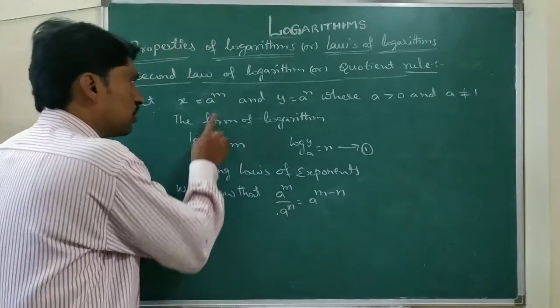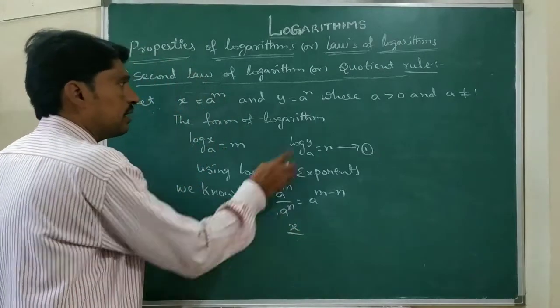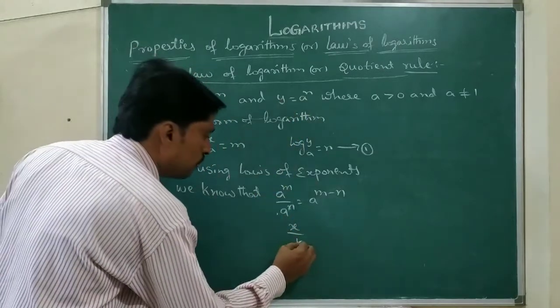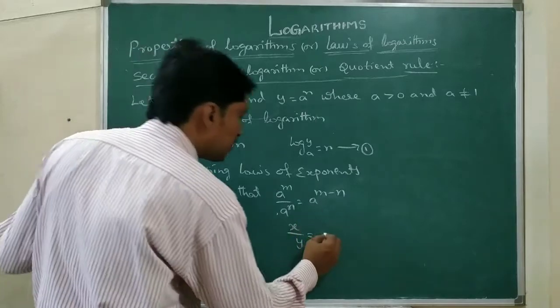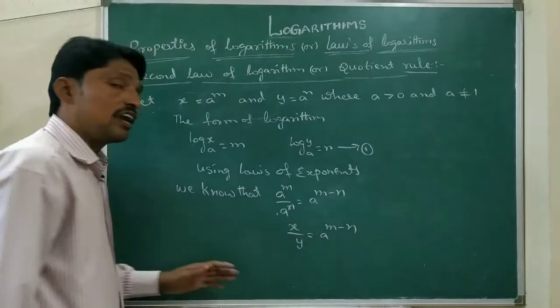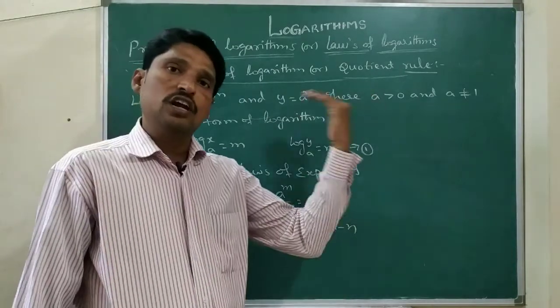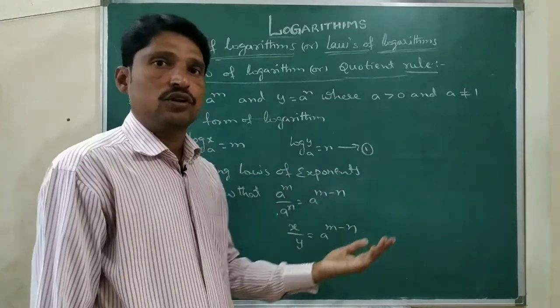A power m, what we took here, x, by a power n, and a power n means y, equals a power m minus n. Here it is the exponential form, which means this base we need to transpose to the left, to the other side.